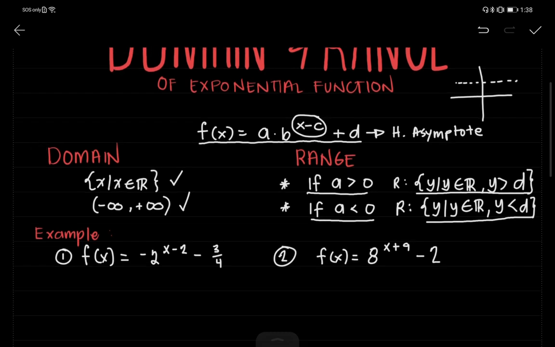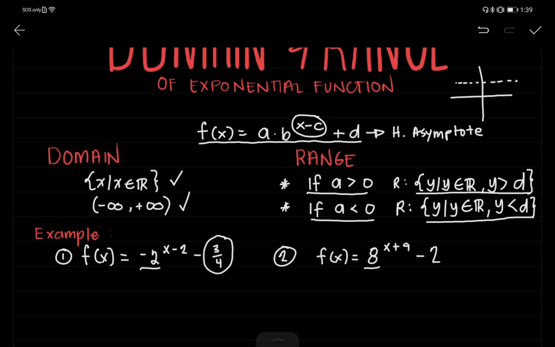So dito, sa ating exponential function, so ano po ba yung a value natin dito? So ang a value natin dito is yung negative 2. Okay? Ano yung a value naman natin dito? So ito yung positive 8. Then, etong 3/4, this is our horizontal asymptote.